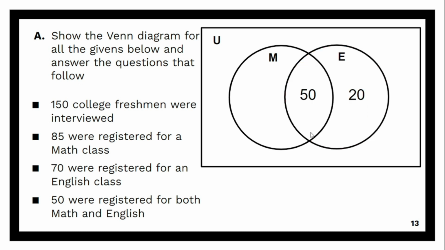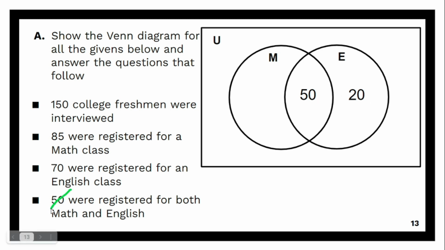Correct? Kasi, sabi dyan, 70 daw yung nag-register for English class. Dapat kabuuan niyan 70, di ba? Since 50 nandito na sa nag-register sa English and Math, meaning to say we just have 20 for this portion. Okay? 50 plus 20 is 70.